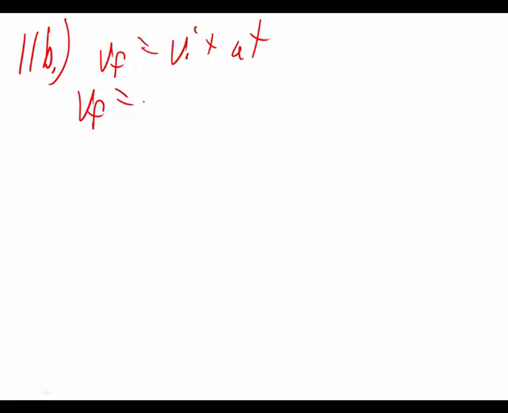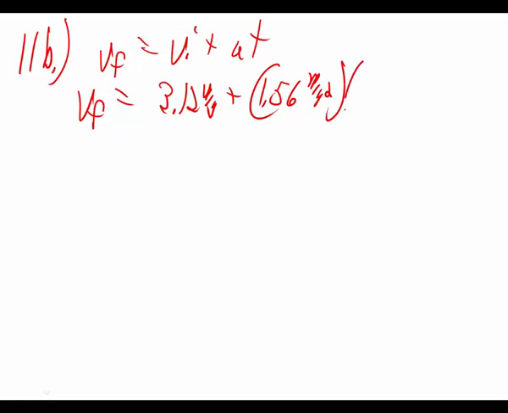Remember, it's moving with constant speed. At the end of 2 seconds, it's 3.12, and then it travels at that same speed until 5 seconds. 3.12 meters per second plus 1.56 meters per second squared times 2 seconds, and you get a final velocity of what? 6.24 meters per second?